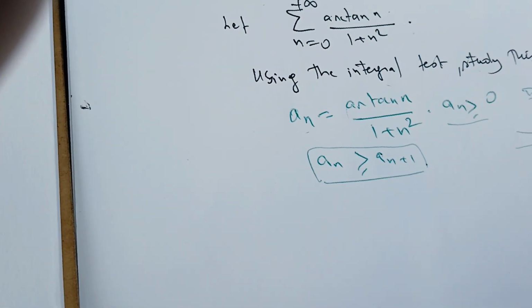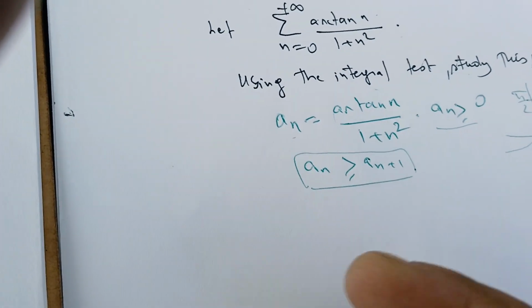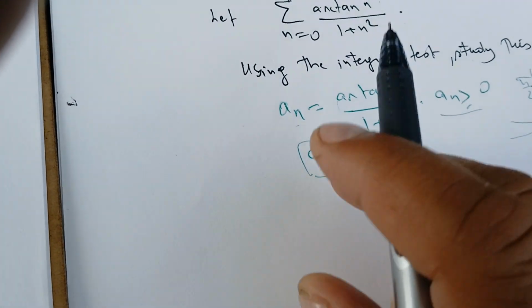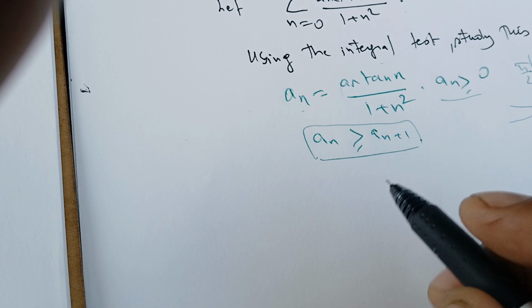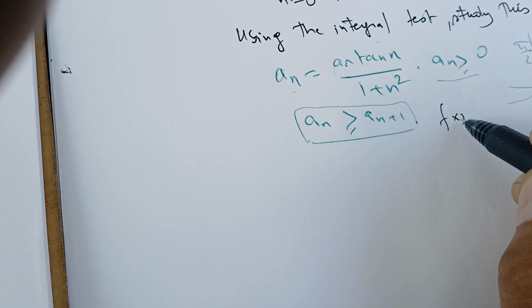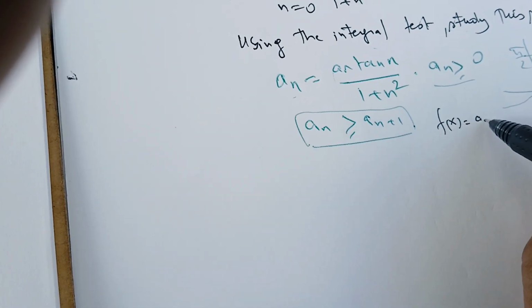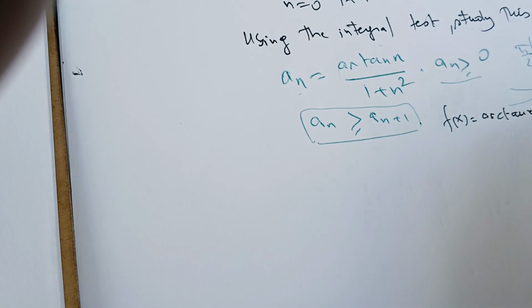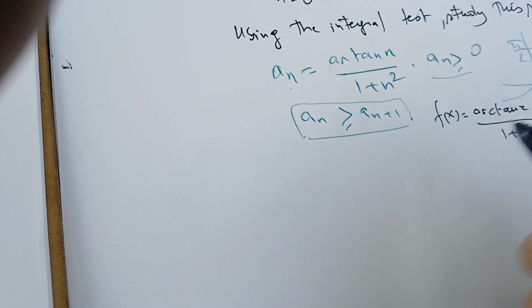To do that, we could apply the mean value theorem, but there is another way. We can consider the function f of x as arctangent of x over 1 plus x squared.